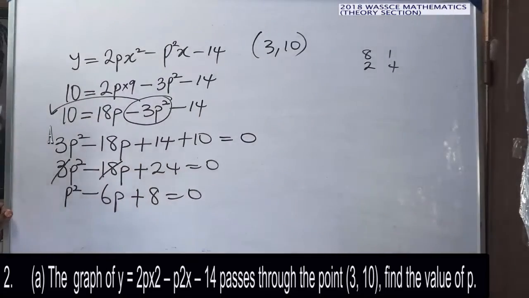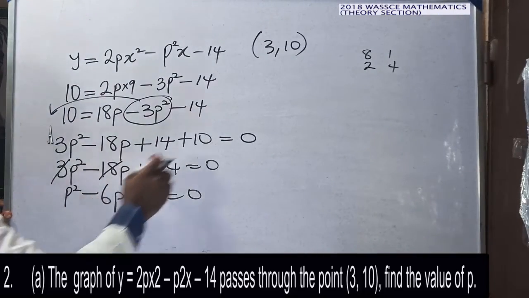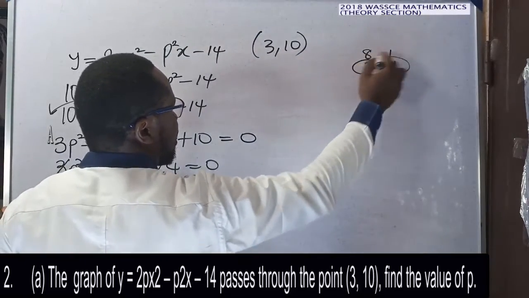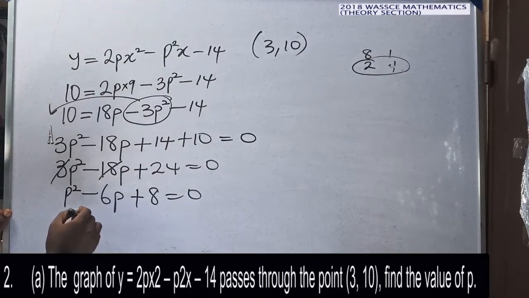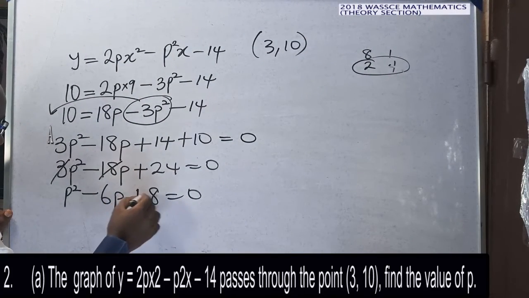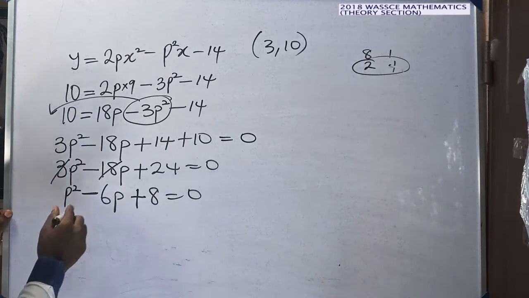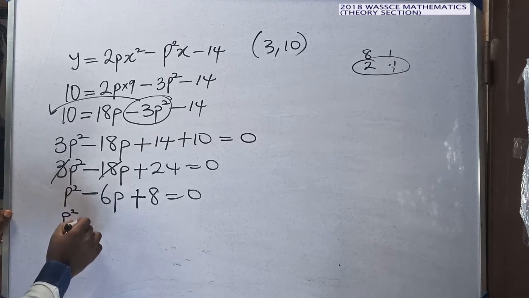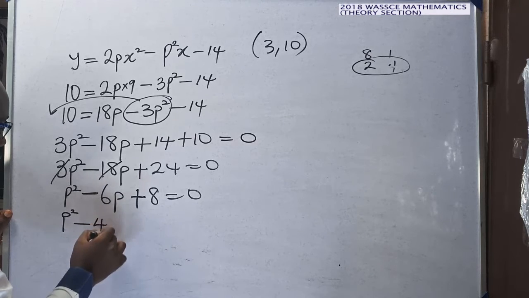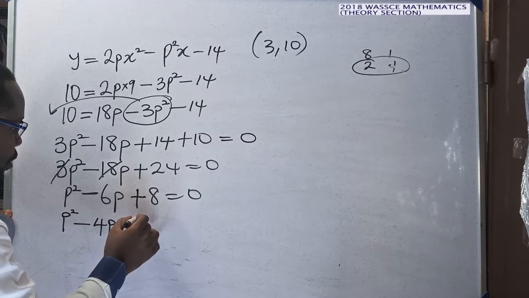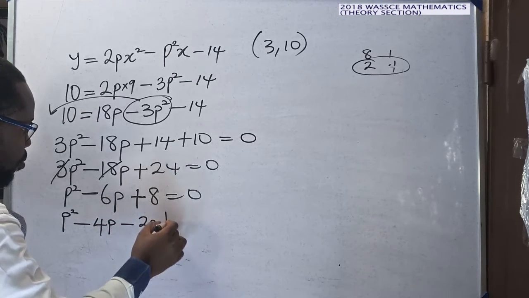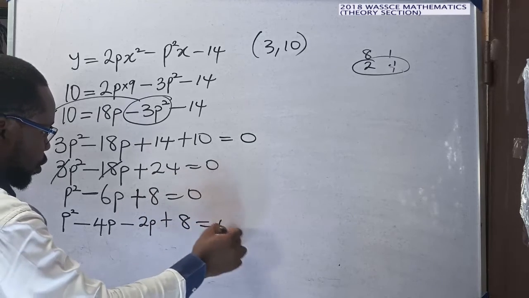And the one that can give us 6 in the middle, one we add or subtract, is 2 and 4. Whenever I see plus here, I see minus here, that means both factors are minus. So we have p squared minus 4p minus 2p plus 8 is equals to 0.